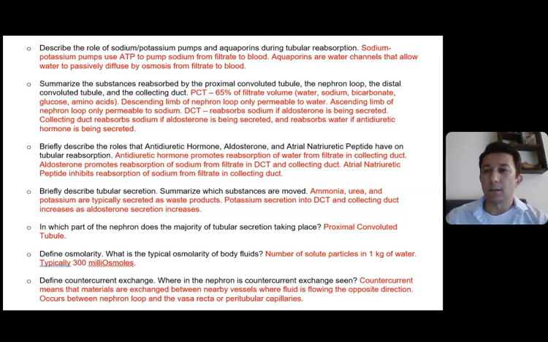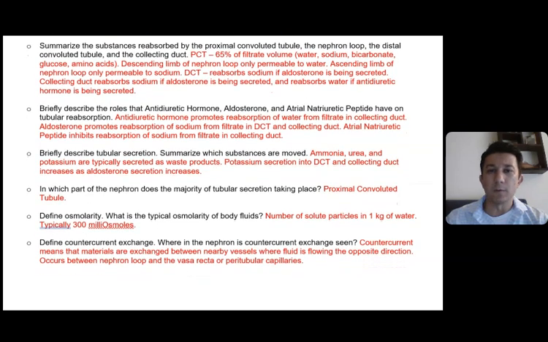So since we started talking about hormones, we'll summarize the roles of these three hormones: antidiuretic hormone, aldosterone, and atrial natriuretic peptide, and look at how all three of those hormones briefly have an effect on the reabsorption of certain substances from the filtrate. Antidiuretic hormone is a substance that specifically regulates the reabsorption of water from the filtrate.